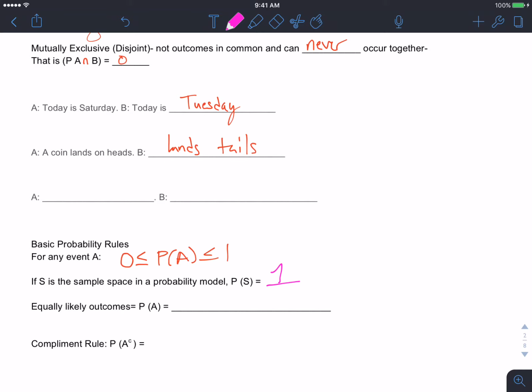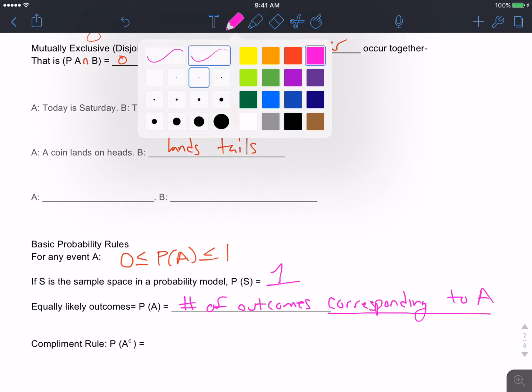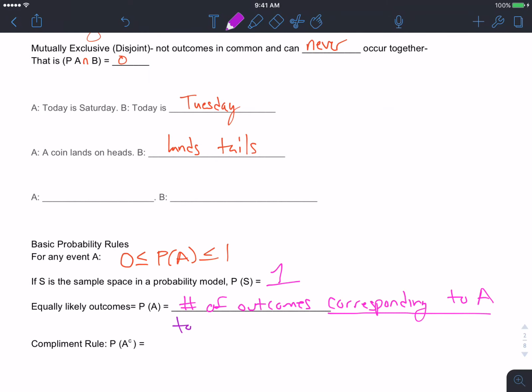For equally likely outcomes, the probability of A is the number of outcomes corresponding to A divided by the total number of outcomes in the sample space.